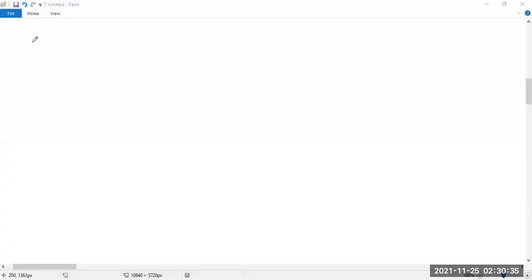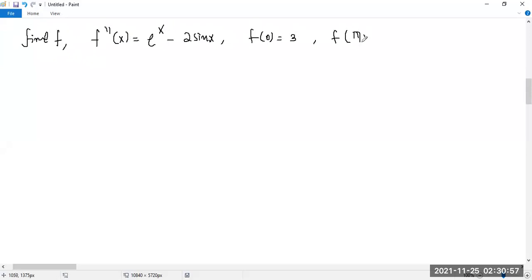So this one is saying to find f, where f prime prime of x is equal to e to the x minus 2 sine of x. And it's saying that if you plug in 0 into the function, you'll get 3. And if you plug in pi over 2, you'll get 0.